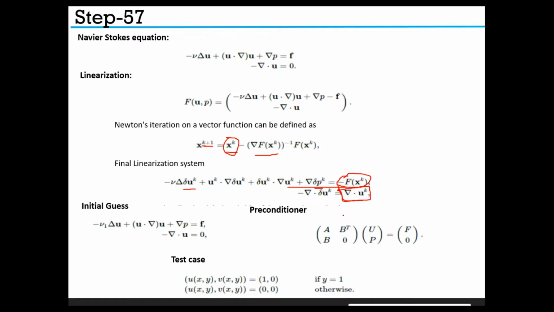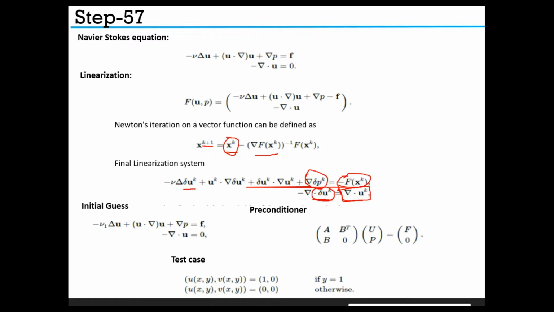So in the linear system, the only unknowns are this one and this one.